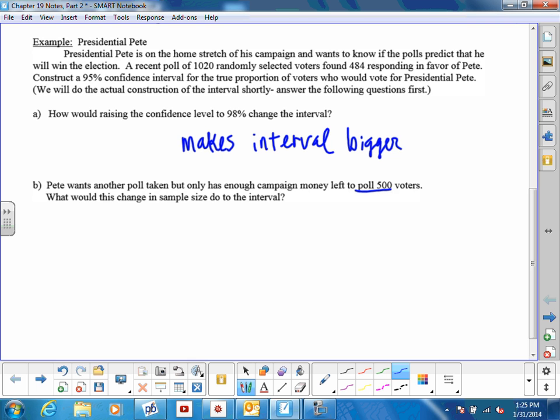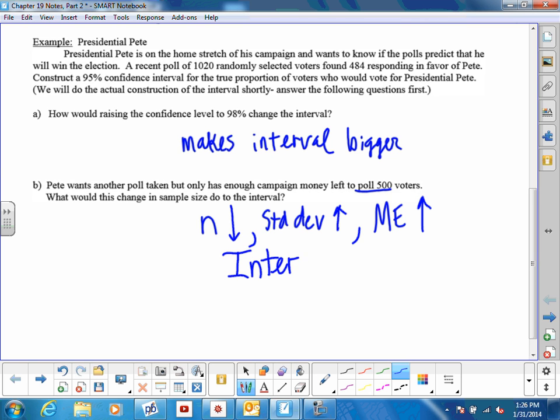Okay, N is smaller, so now I'm having less accuracy. With a smaller sample size, the standard deviation is increasing, so that whole margin of error is increasing. This is kind of the train of thought. So the interval then is what? It's going to be larger.